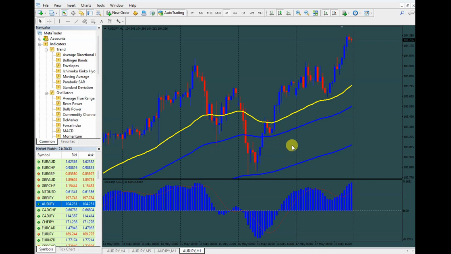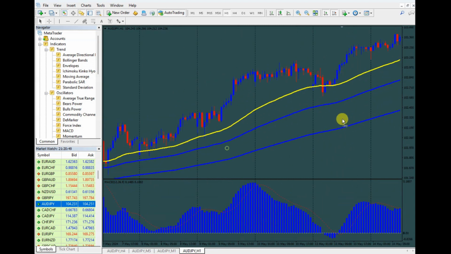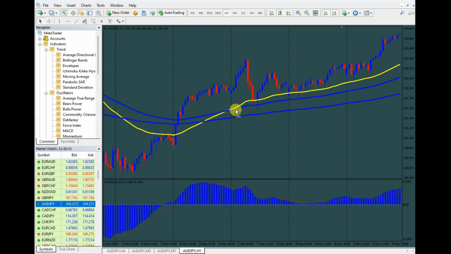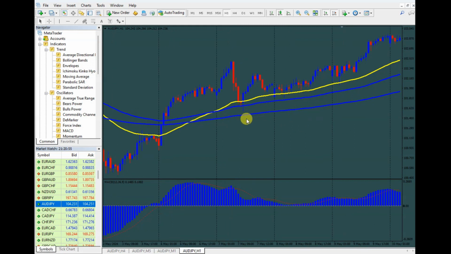So how do we trade this strategy? Let's start with the basics. The moving averages, as you can see, the 50, the 100, and the 200. The strategy is very simple. We have 2 stages.